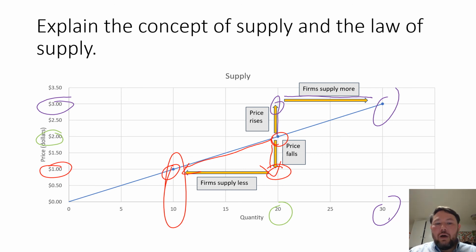And that's why we would be willing to provide or supply more bottles of water at $3, because we probably would, if we did the math, find out that our profits were greater at that price point. And so we're willing to provide more. All right. I hope that illustrates on a graph what we're talking about when we're talking about the law.